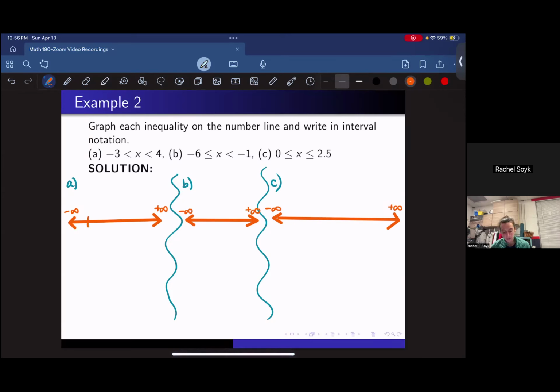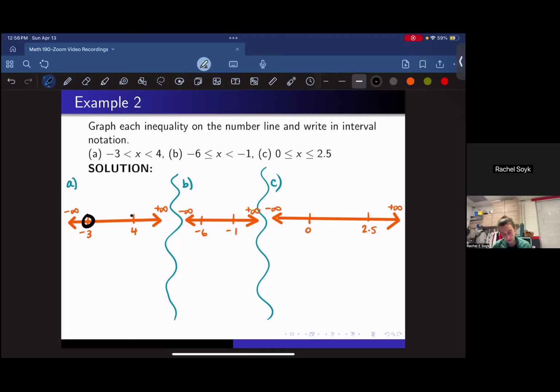And we have x is greater than -3, but less than 4. X is greater than or equal to -6, but less than -1. X is greater than or equal to 0, but less than or equal to 2.5.